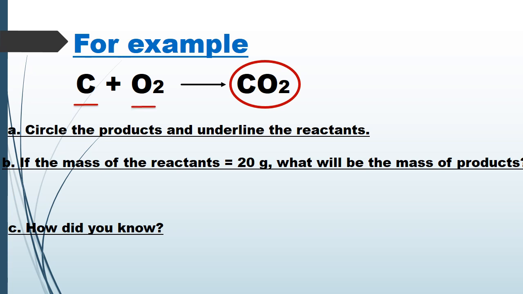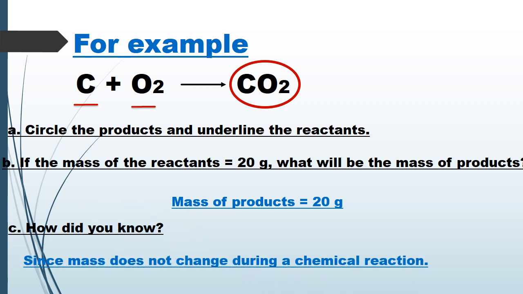If the mass of the reactants, اللي هن الكربون والأكسجين, equals 20 gram, what will be the mass of product? نحن قلنا during a chemical reaction mass is conserved, يعني mass remains the same. إذا الماس للreactants هن 20 gram, so حيكون الماس للproducts is the same, which is 20 gram. So mass of products equal 20 gram. How did you know? Since mass doesn't change during a chemical reaction.